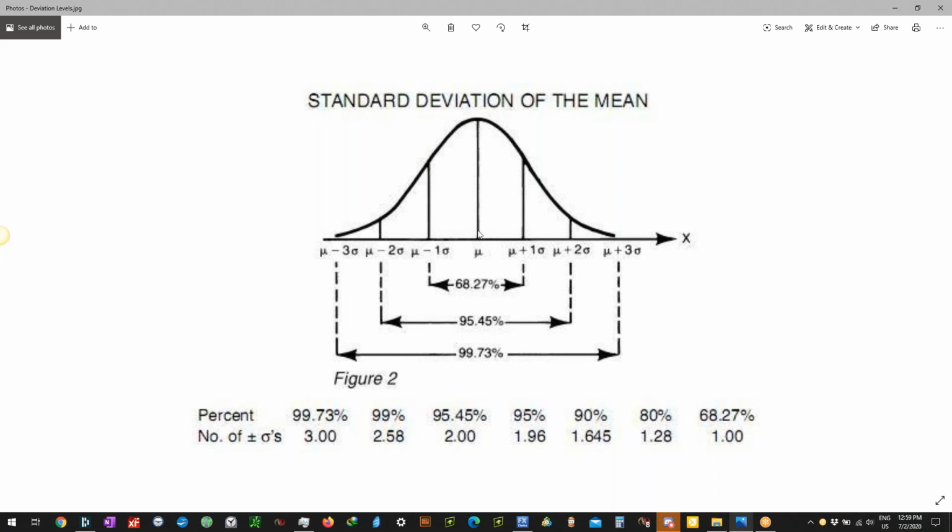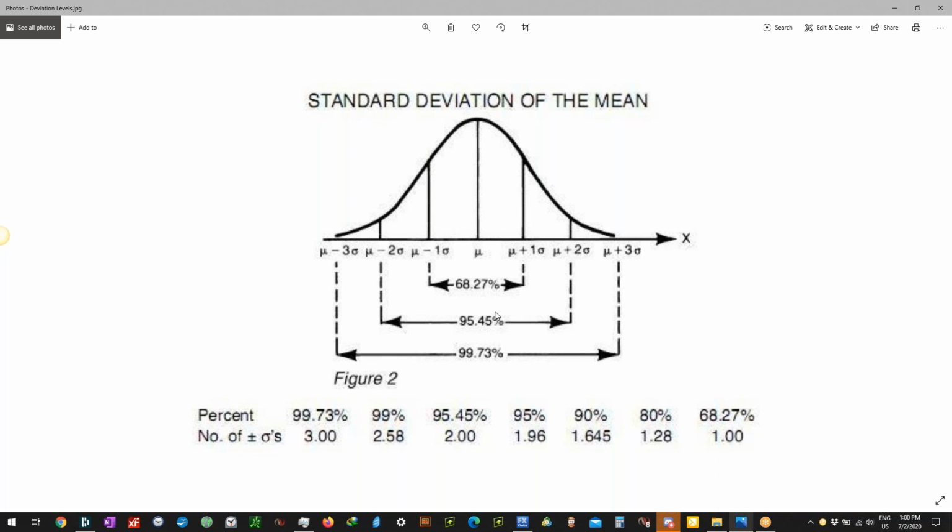But when you apply it to trading, they have found that the price lives in an area from a +1 deviation to a +2 deviation. So 68% of the time, 0.27, the price is going to stay here. But if the price goes higher, it's going to pass the 1 deviation up to the 2 deviation.